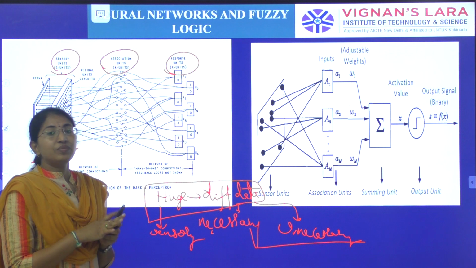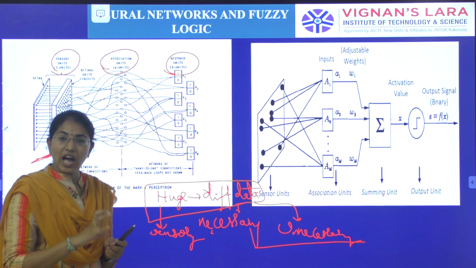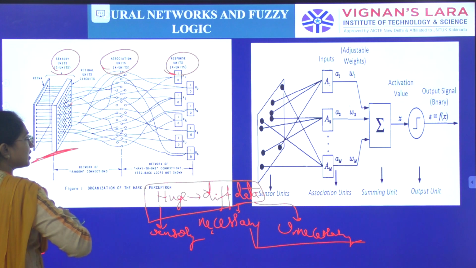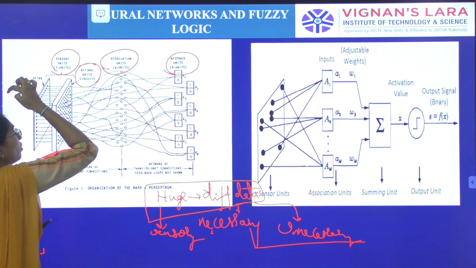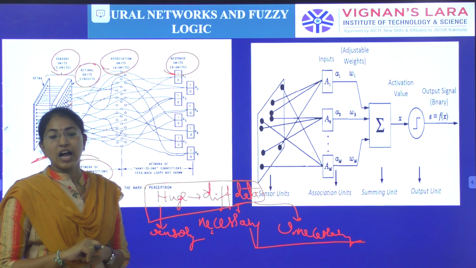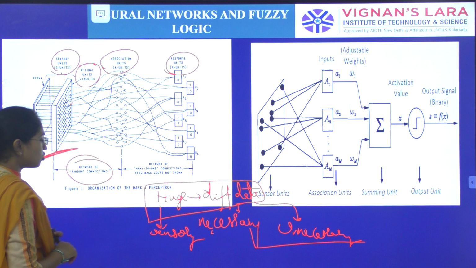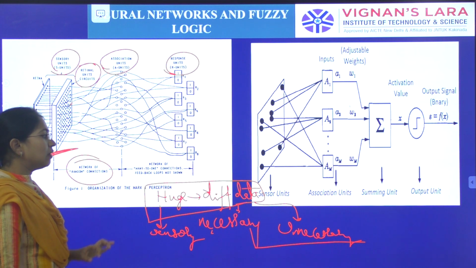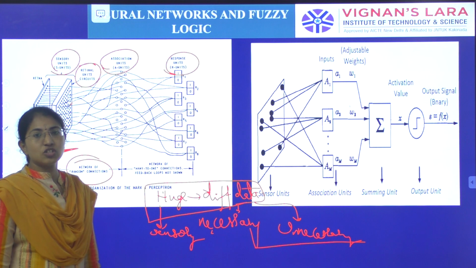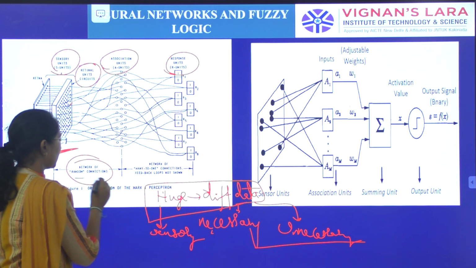The necessary and required information will be taken out from the sensory units through interconnections called random connections. So the necessary data will be taken out from the sensory units through random connections.